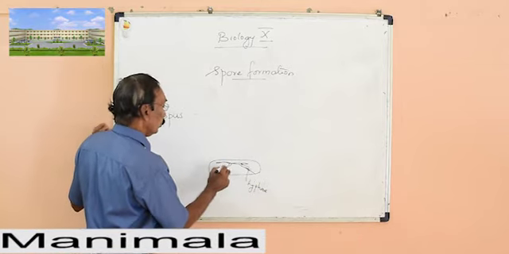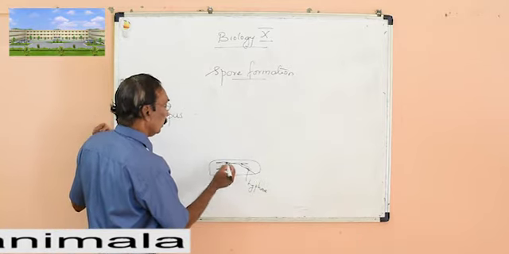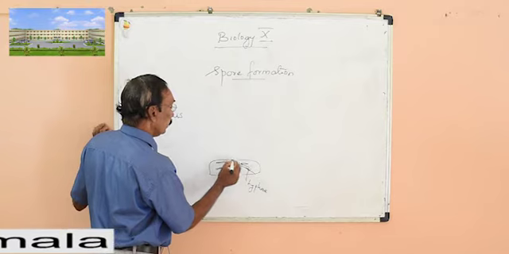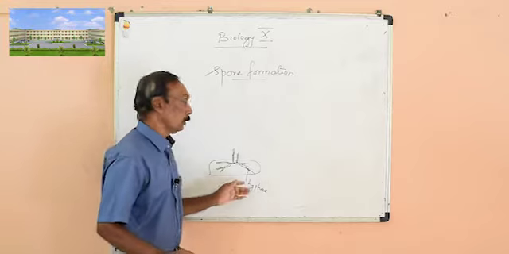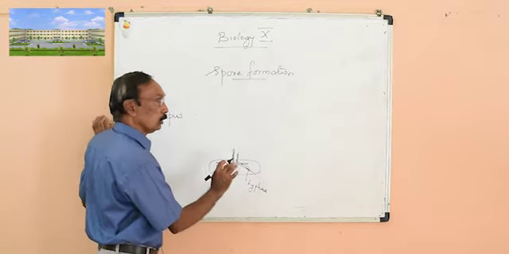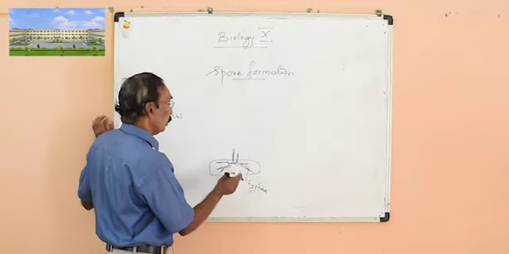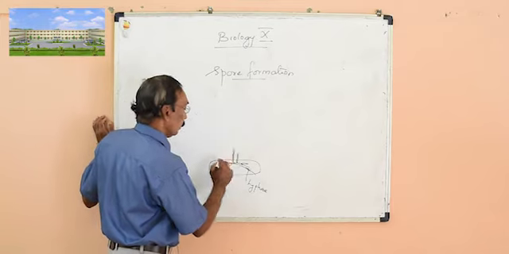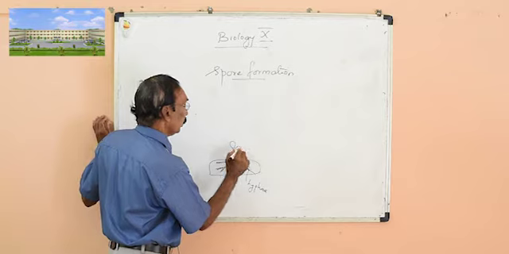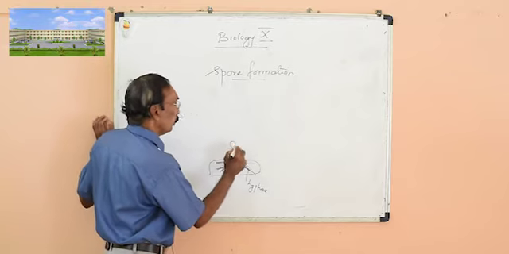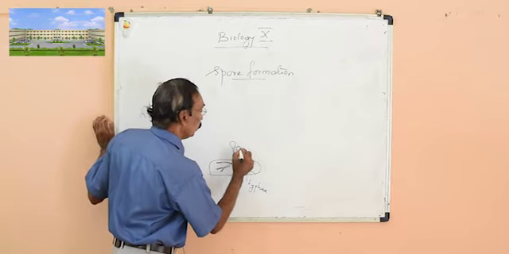Some of the hyphae come above the bread or any other surface, perpendicular. At the tip, the hypha becomes ball-like, it enlarges, and this is called the sporangium.